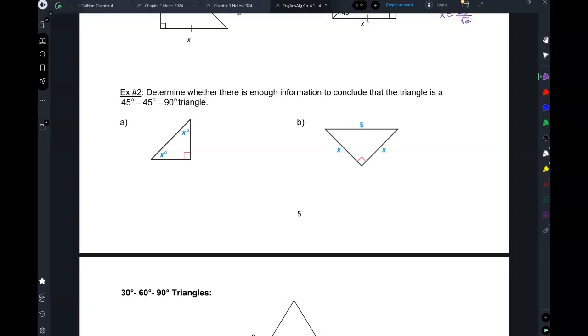So what do we know about a 45, 45, 90? We have a 90 angle, and the other two angles have to be the same. So in this problem, are those two angles the same? Yes, they're both x and x. So yes, this is 45, 45, 90, because these are the same.